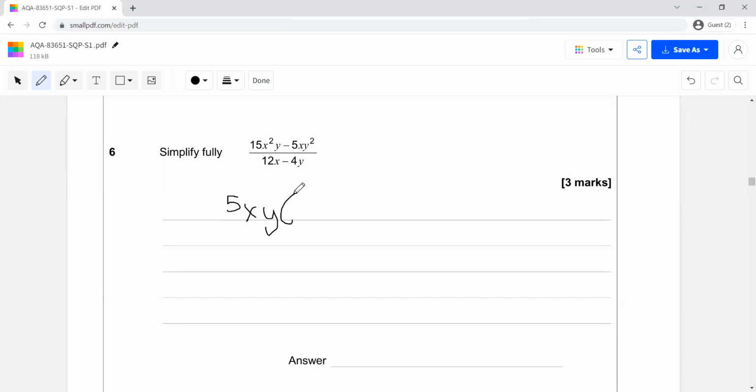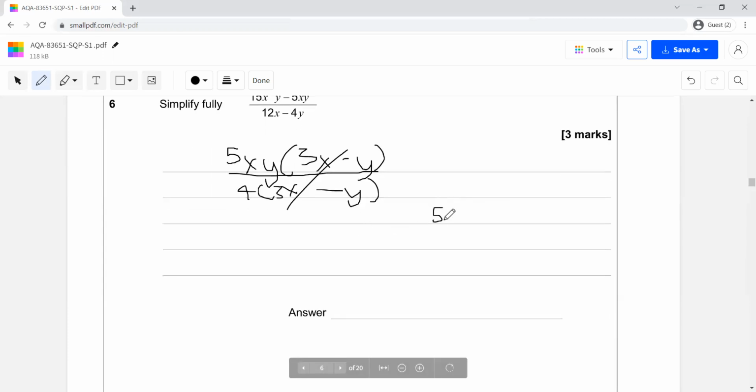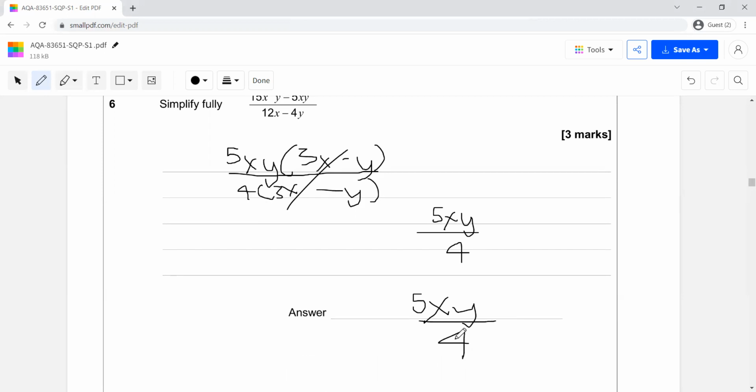Now to get to 15x squared y from 5xy multiplied by 3x, and we'll have a minus y, and on the denominator we'll factorize it to get 4 times 3x minus y. So these cancel out, so we just have 5xy over 4 as a final answer to question 6. Write that down again, 5xy over 4.